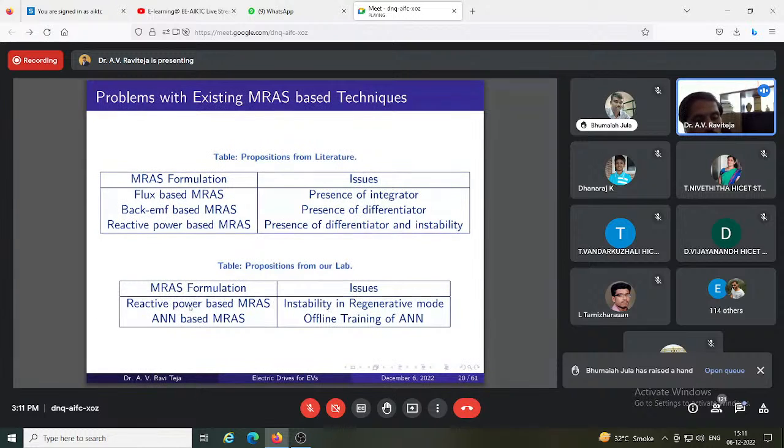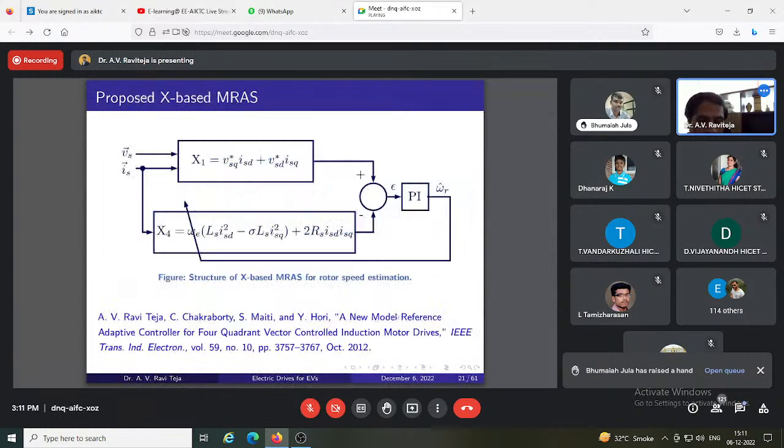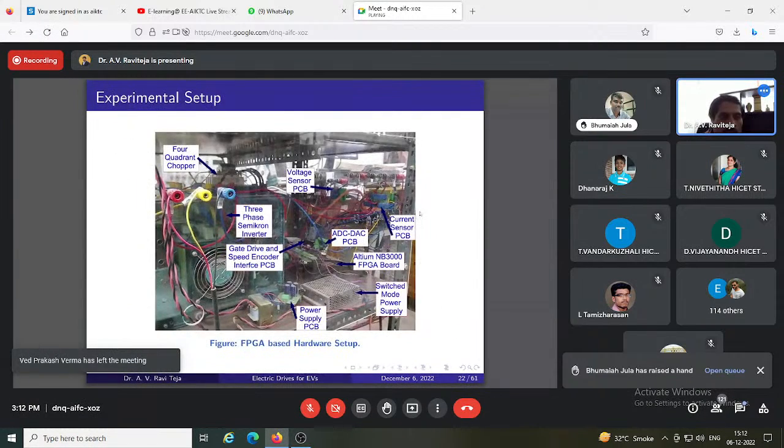And there are some MRAS, model reference adaptive system, formulations from my lab, which are reactive power based MRAS. It has some stability issues. ANN based MRAS, it needs offline training. So this is the proposed X-based MRAS, with which if we estimate the speed, we get higher accuracy. At the same time, this can be applied at all speeds, including very low speed and zero speed operation.